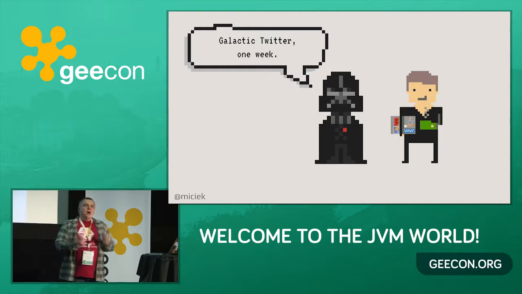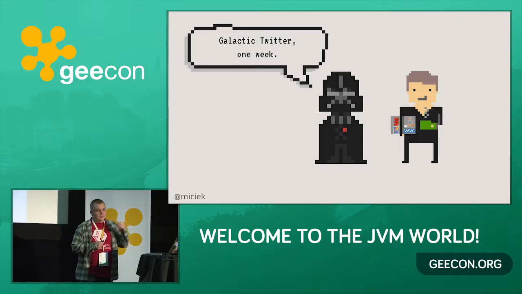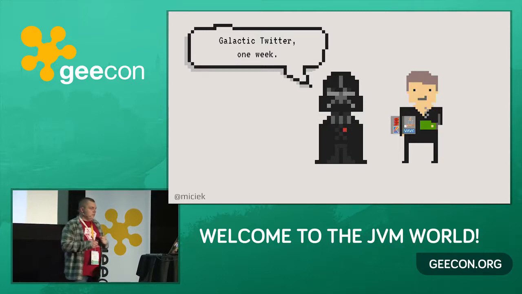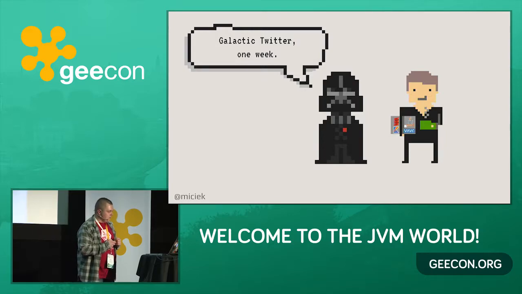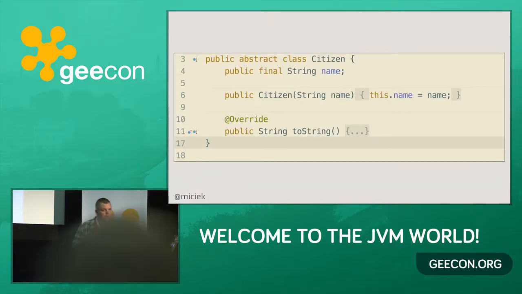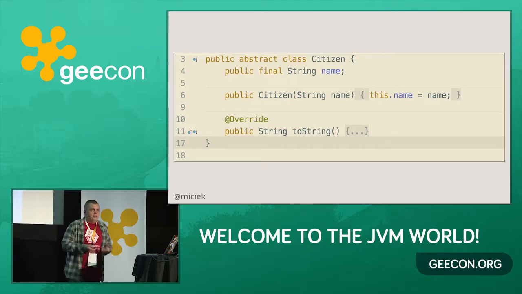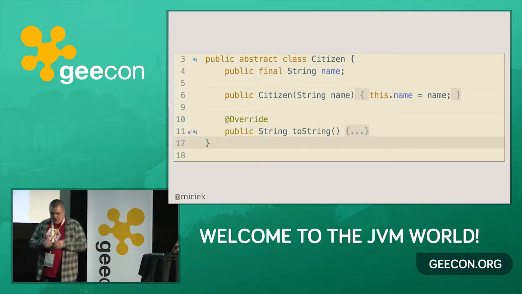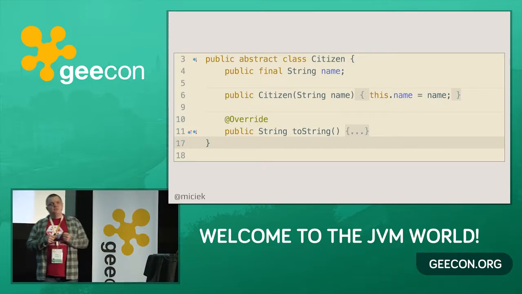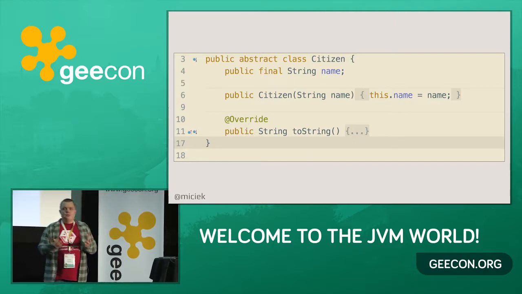And I want to show you how those techniques can be utilized in a real project. So remember, we were tasked with creating a Twitter for a galaxy far, far away with the MVP functionality of counting the followers. And the first thing we need to do is, of course, modeling our domain. And our domain is right now the citizens of the galaxy, because we need to have followers, right?